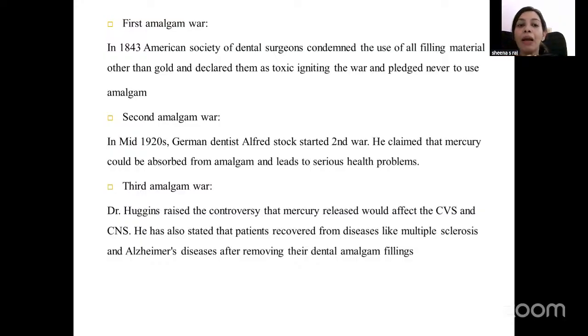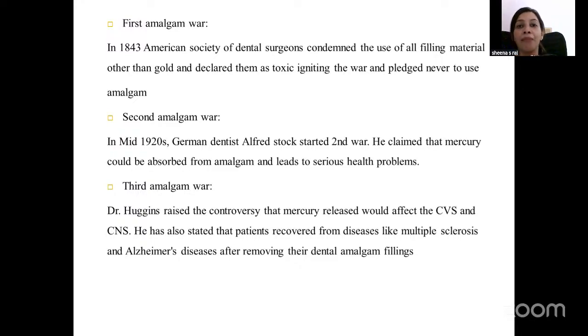The second amalgam war was in the 1920s, started by a German dentist, Alfred Stock. He claimed that mercury caused a large number of serious health problems.